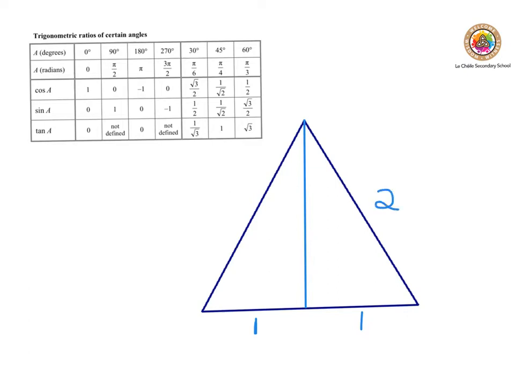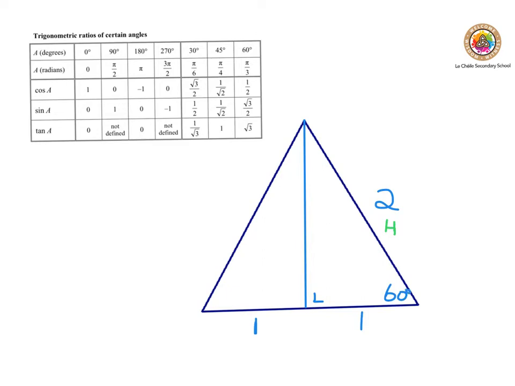And again, just noting in our right angle there. I'm going to label the sides here. So this is our hypotenuse anyway, which is opposite the right angle. I also know that down here we have 60 degrees.